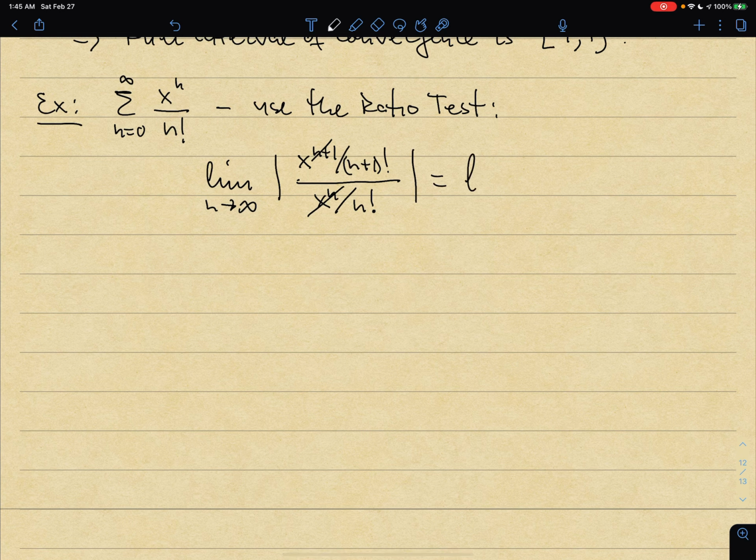So this is a limit as n goes to infinity. x is the only thing that can be negative, so absolute value of x. Well, n factorial goes on the top, sorry, because it's a ratio which is sitting in the denominator, so it's x times n factorial.